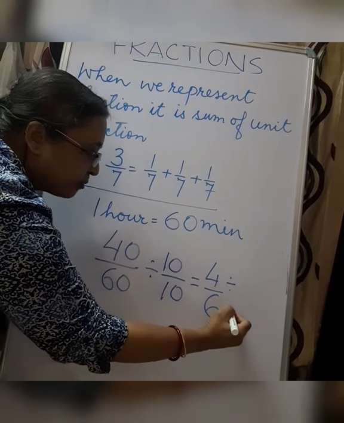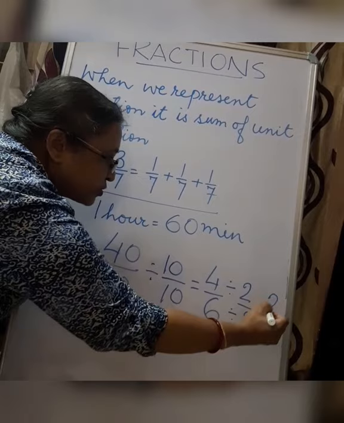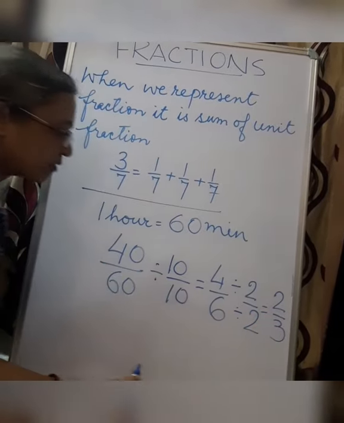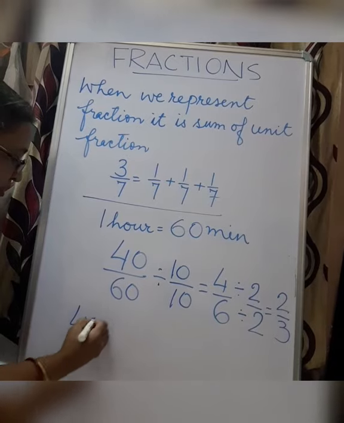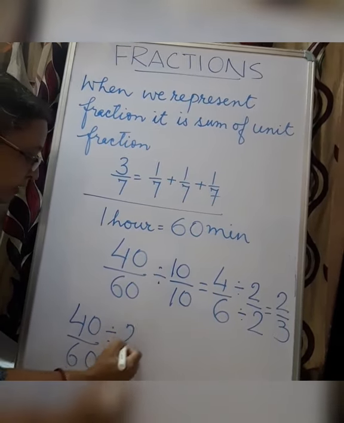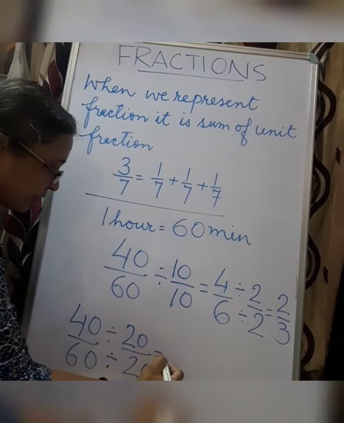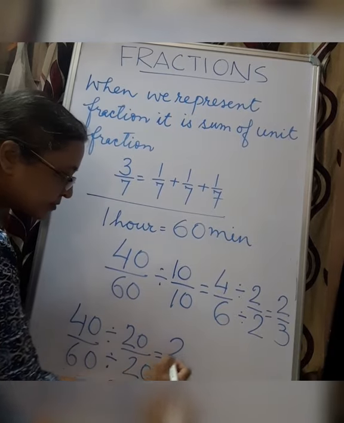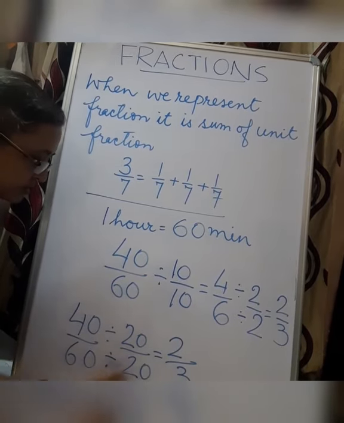Again we can divide it by 2 and we will get 2 by 3. We can do it directly also, dividing 40 by 60 directly by 20, as 20 is their HCF, and we get 2 by 3. 20 2s are 40 and 20 3s are 60.